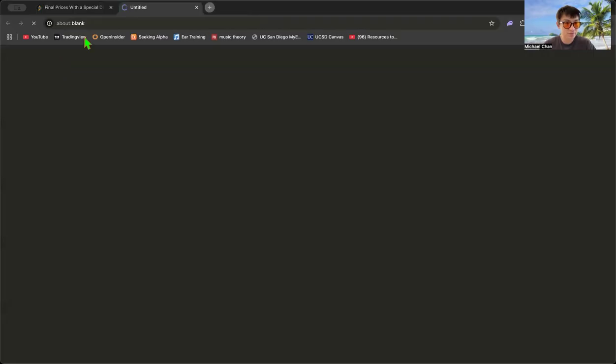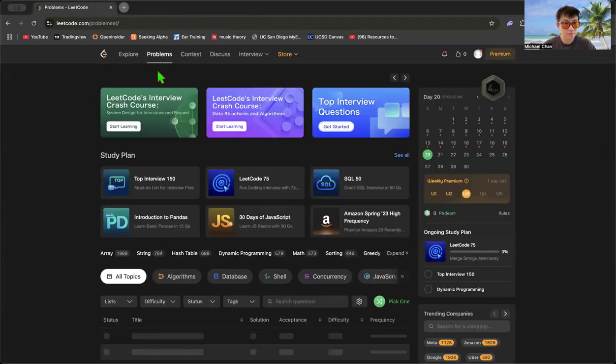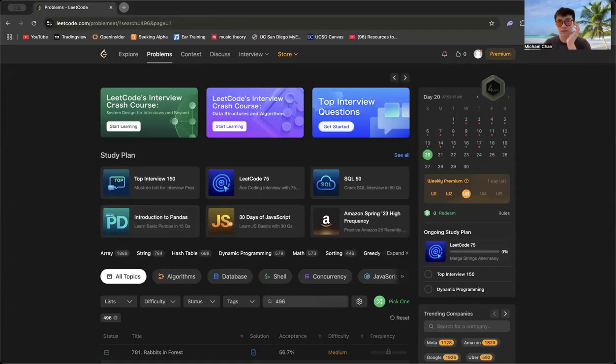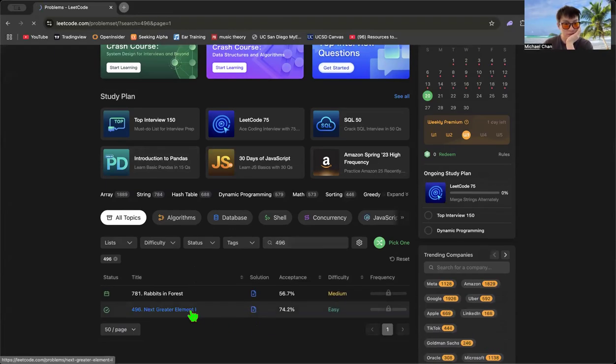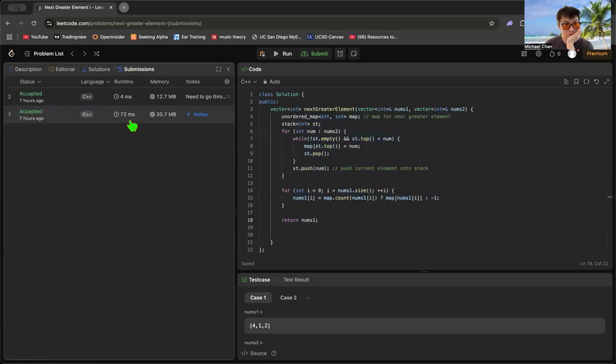496. And then I'm going to work on another problem. Anyways, this one is not the one I wrote. The one I wrote is this, which is very trash, as you can see.